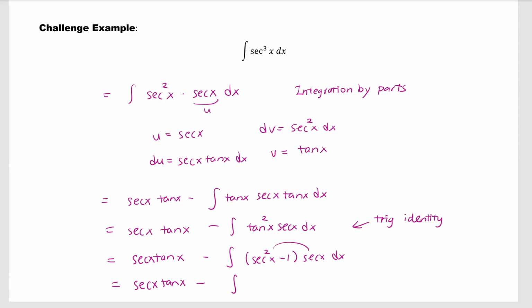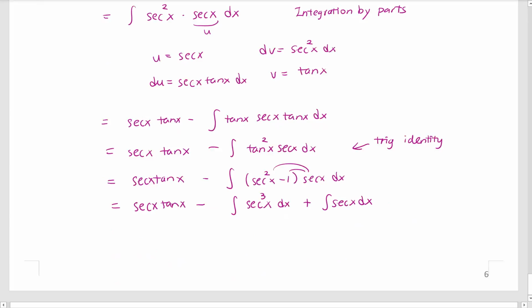Then we get secant cube. Okay, so we get this back, and that is good. Remember, we saw a couple of examples where we get it back. We can move it to the left and solve it. And then we have the integral of secant x dx.